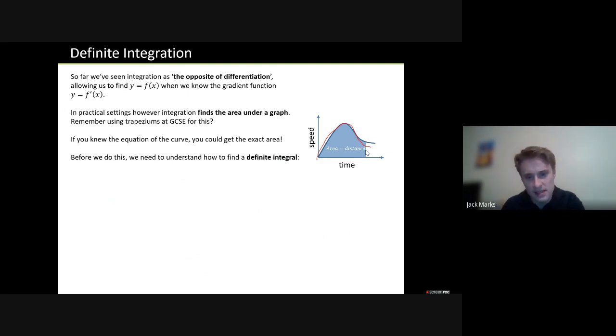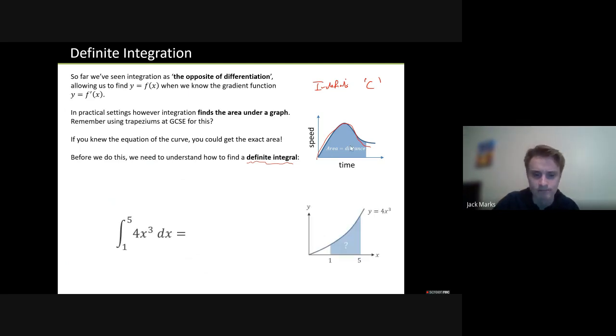We do first need to know, though, what a definite integral is. So what we've done so far is indefinite integrals. Indefinite, like we're not quite sure. That's why we use the c. So here we're going to use a definite integral. A definite integral involves something called limits. Let's have a look.